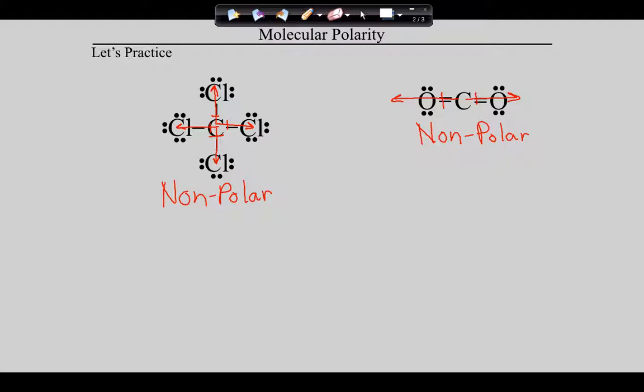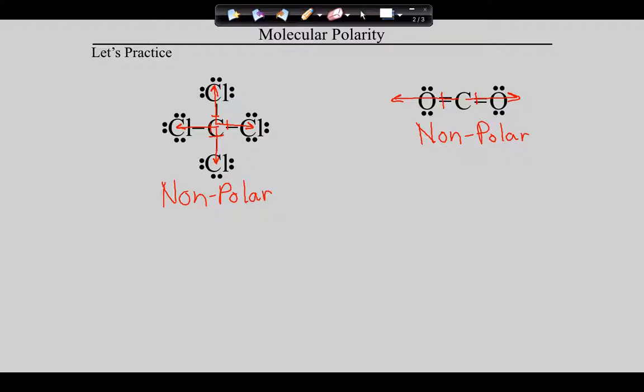Now this is no longer symmetrical, because if we draw the plane of symmetry this way, this is a hydrogen and this is a chlorine, and those are not the same atoms, so it's no longer symmetrical. It has to be the same atoms. Yeah, absolutely. Great question. You guys good?